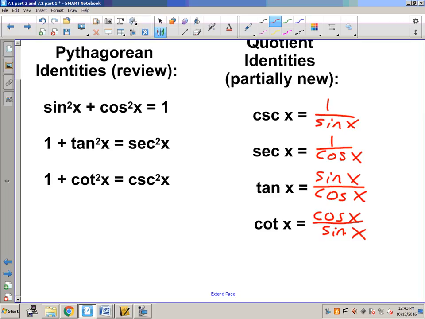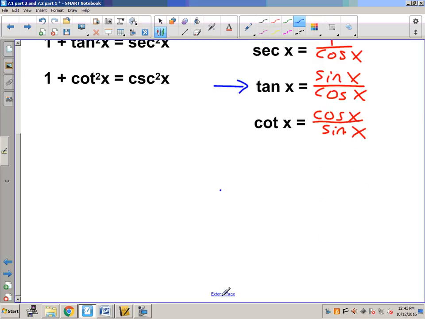I can't remember if we did this yesterday, but just bear with me even if we did. I'm going to talk about why that's the case. Sine is equal to opposite over hypotenuse, right? And cosine is equal to adjacent over hypotenuse.